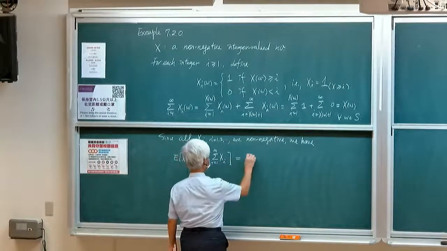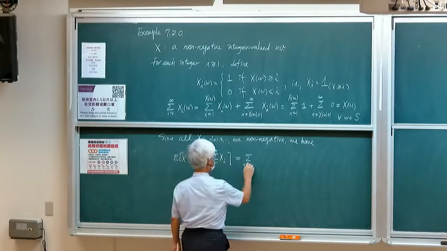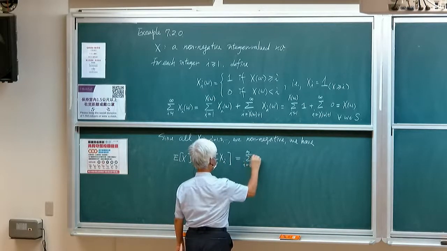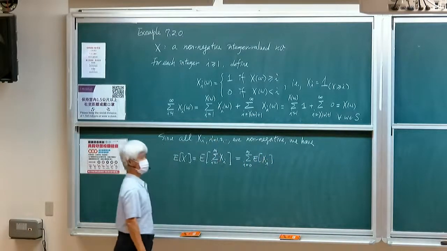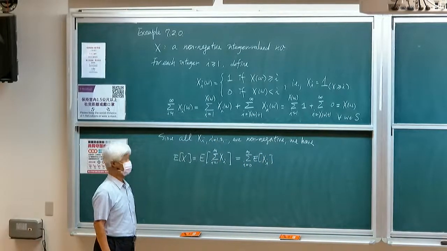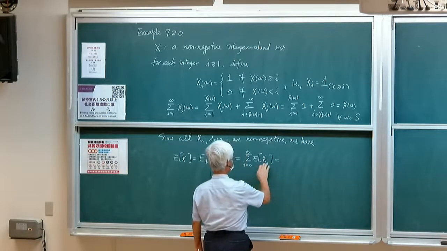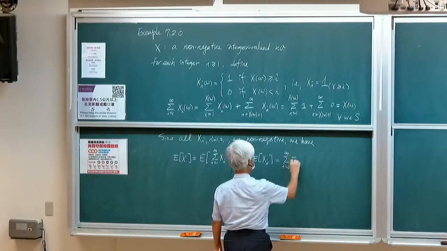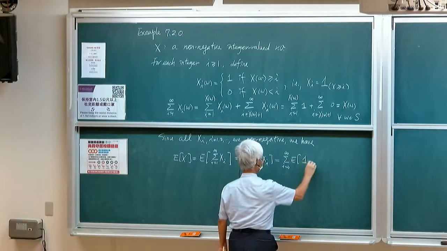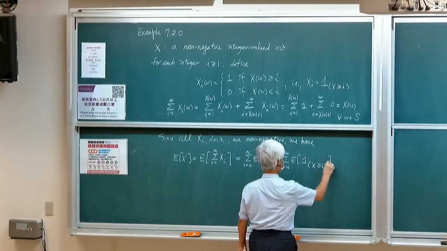So now the expectation of the series sum becomes the series sum of the expectation of each X_i. But this is an indicator, as we know, the indicator that X is greater than or equal to i.